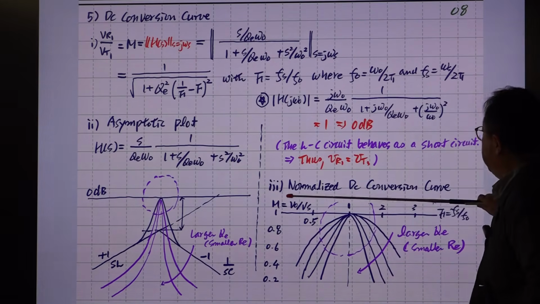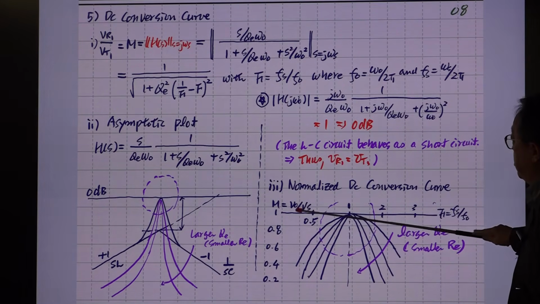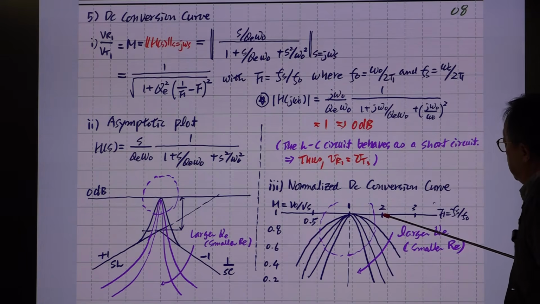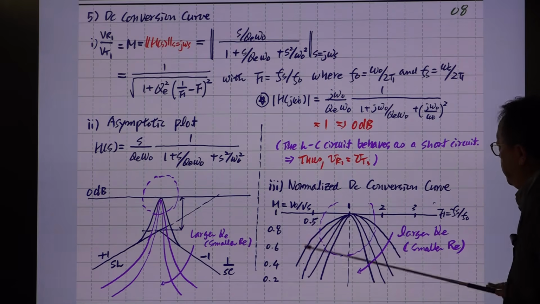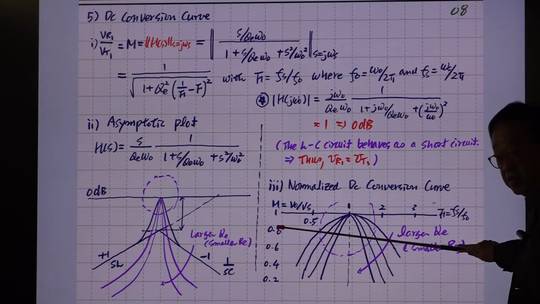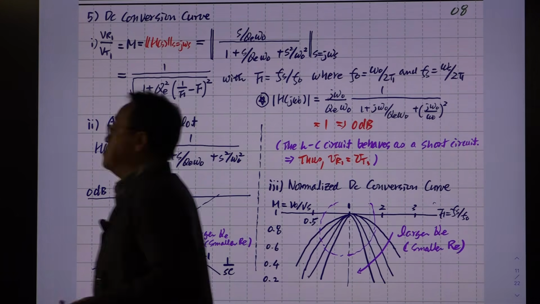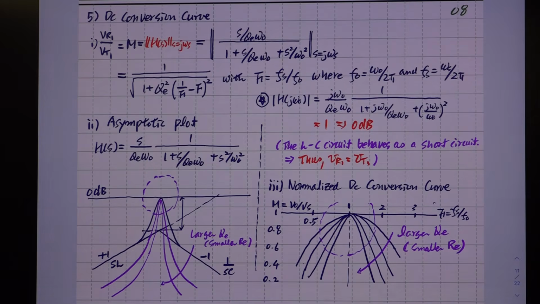This is the linear scale, so at normalized frequency twice the resonant frequency or half the resonant frequency, you have different DC in, DC out gain. That is the result of the previous analysis. Maybe for the first time it looks complicated, but if you understand the basic things we are talking about, it's very simple. So you won't forget this if you understand it this way.